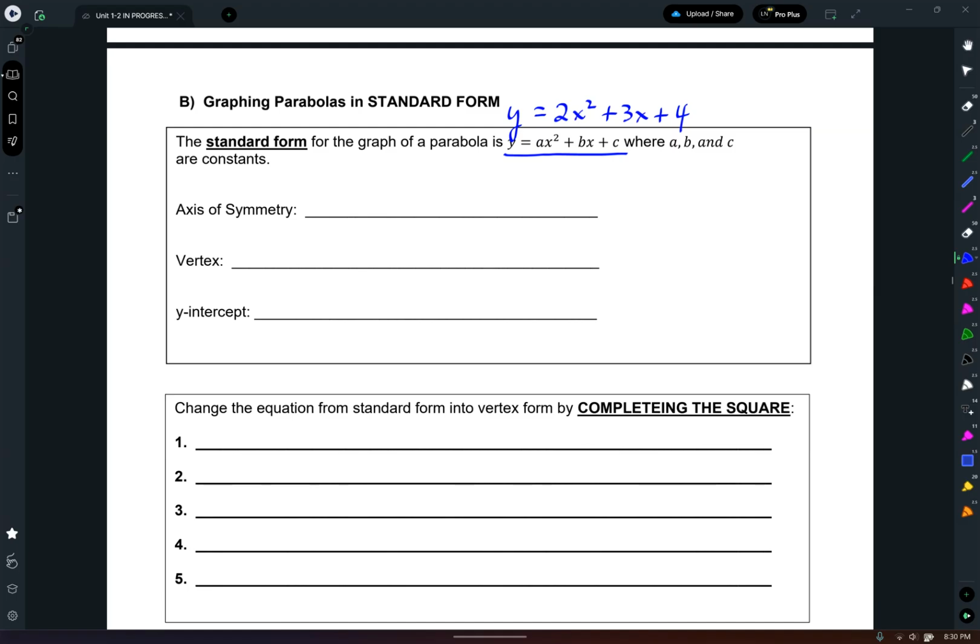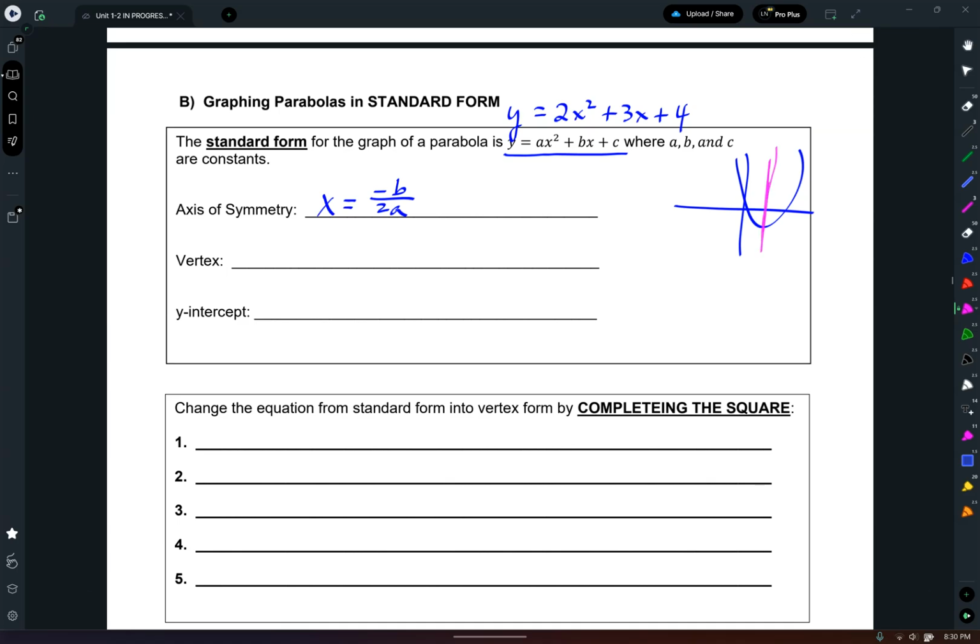Okay? So what we talk about is the axis of symmetry is always going to be x equals -b over 2a. And remember, when you have a parabola, the axis of symmetry is kind of that invisible line that goes right down through the middle of the parabola.